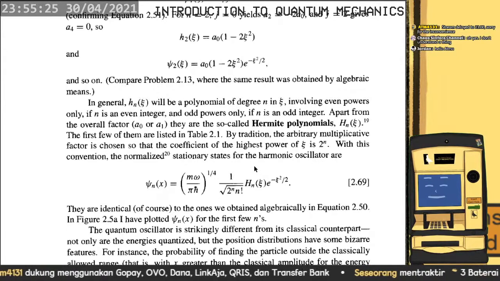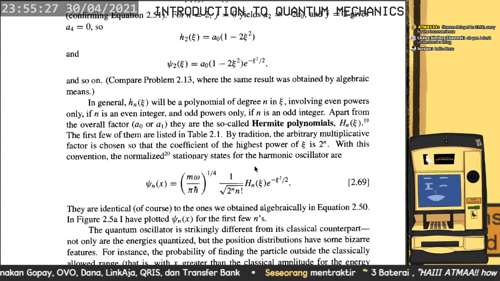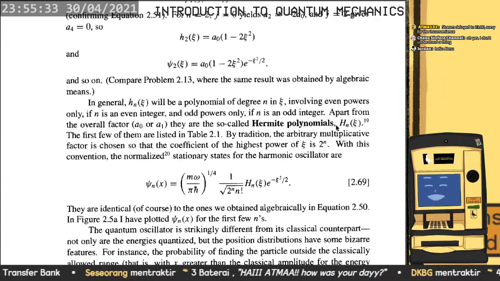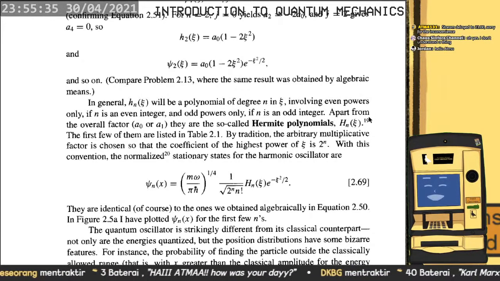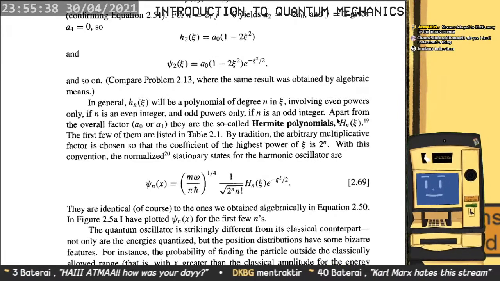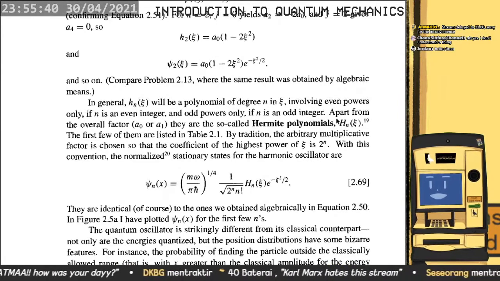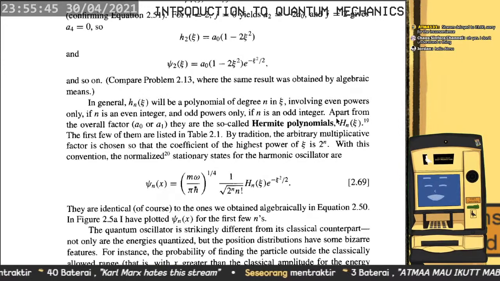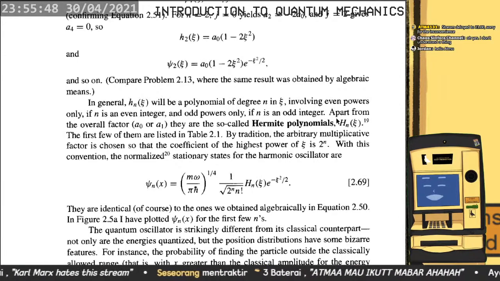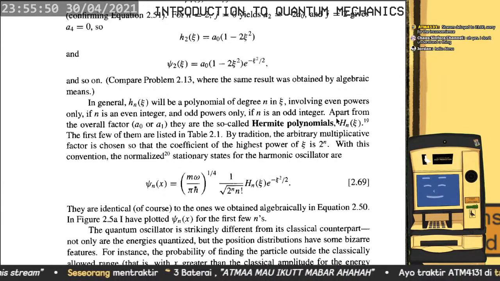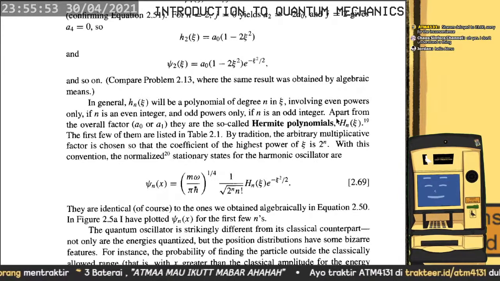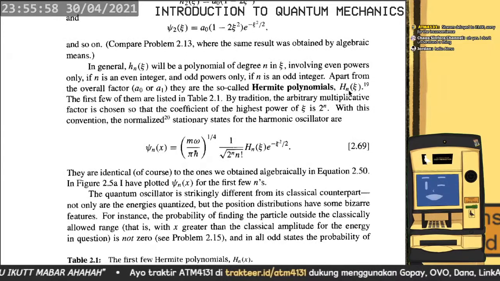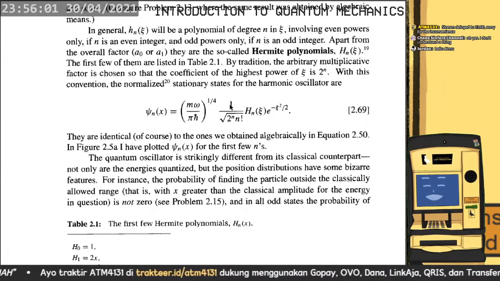Apart from the overall factor a0 or a1, they are the so-called Hermite polynomials, like this, h n of c. The first few of them are listed in table 2.1. By tradition, the arbitrary multiplicative factor is chosen so that the coefficient of the highest power of c is 2 to the power of n. With this convention, the normalized stationary states for the harmonic oscillator are this.